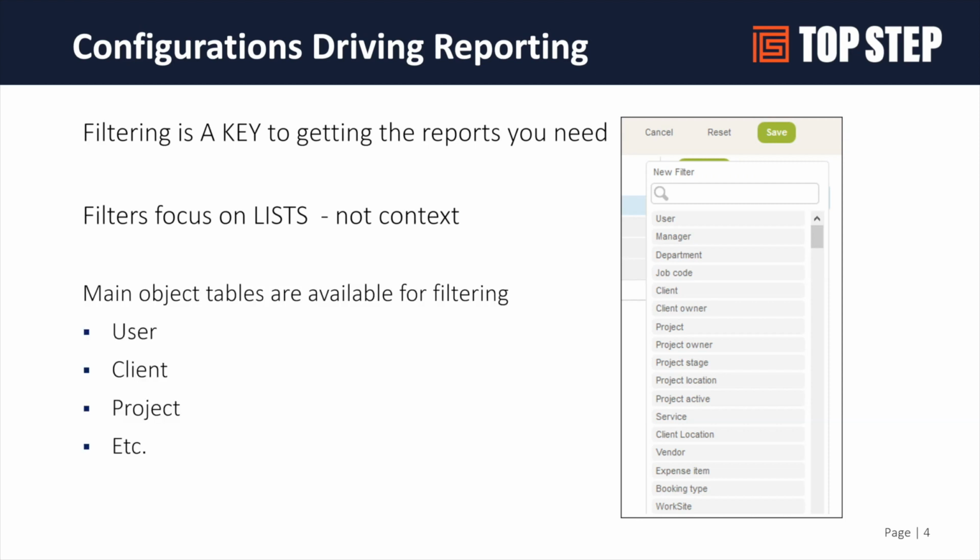There are a few what we'll call power objects, main objects in OpenAir, where the related lists associated with those objects are more available than others. When you're talking about some of the key objects around users, clients, and projects, in pretty much any crosstab report, you can see all of the standard fields associated with those objects and use those in filtering.